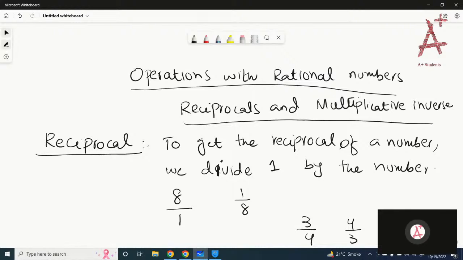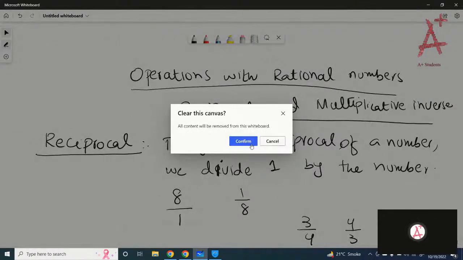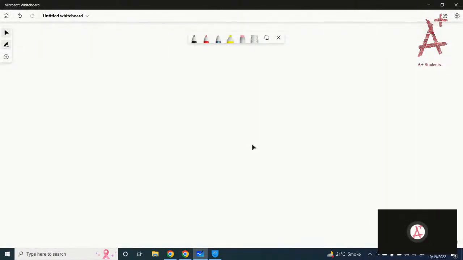Okay, let's start with the inverse of the number. Let's start with the examples. Okay, the first one is, what is the multiplicative inverse of negative 7 by 5? So you can find the multiplicative inverse. Just write down the definition of multiplicative inverse.